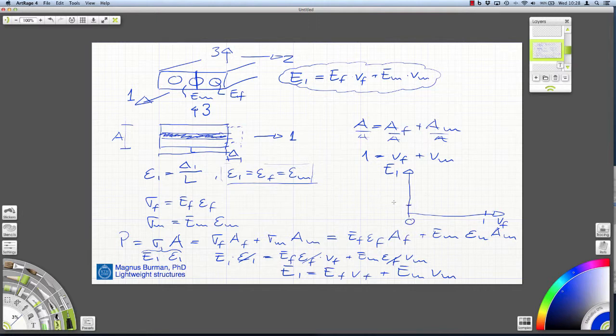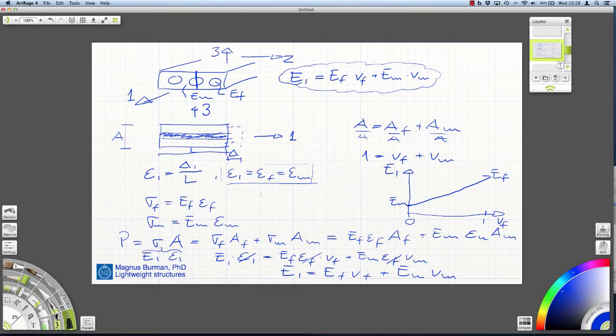If you have only matrix, of course the elastic modulus is the same as the elastic modulus of the matrix, and in the same way where we only have fiber, the elastic modulus would be the same as the fibers. And this one, as you can see, is a linear function. So, like that.